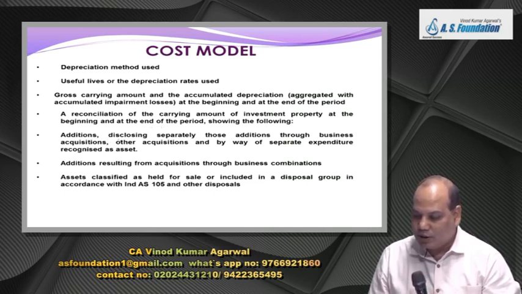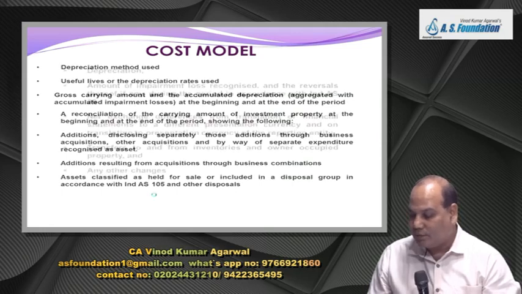Same disclosure. Addition, disclosing separately those additions through business acquisition, other acquisition or by way of separate expenditure. Then addition resulting from acquisition through business combination, that is IFRS 3 should be applied here. Asset classified as held for sale or included in a disposal group in accordance with IFRS 5.